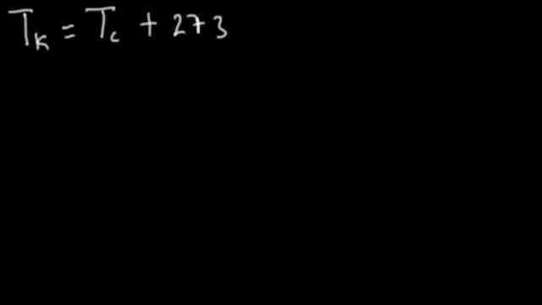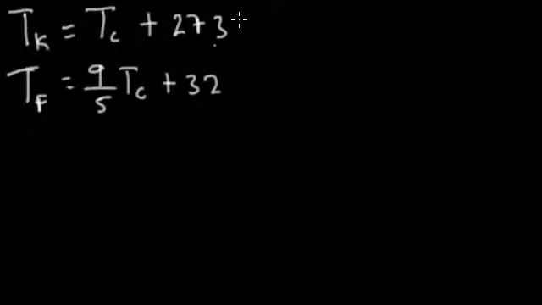The second equation helps us to convert from Celsius to Fahrenheit and is expressed as this. Temperature in Fahrenheit, T sub F, is simply equal to 9/5 multiplied by temperature in Celsius plus 32. So these are the two most crucial equations that you need to keep at the back of your mind.